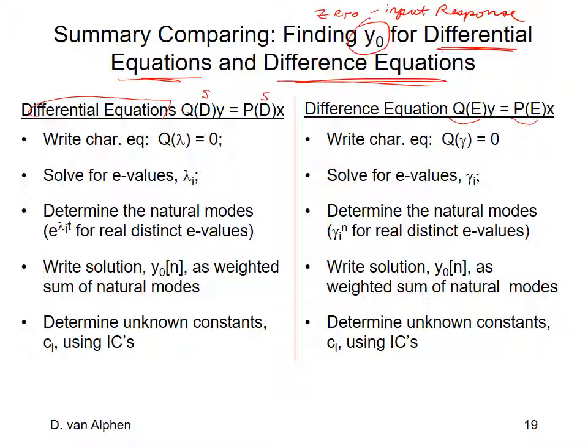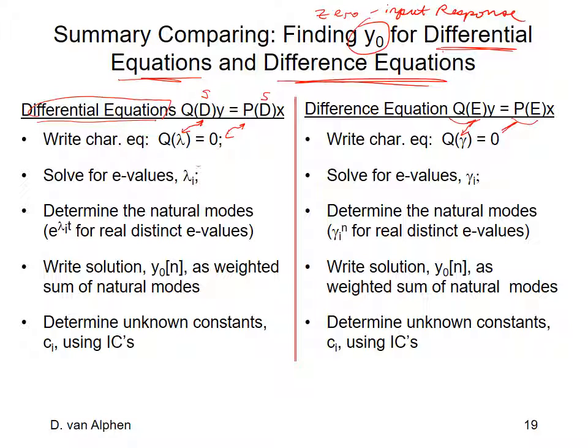On the left-hand side in 350 class, you wrote the characteristic equation Q of lambda is 0, where you just replace the D's or the S's by the lambdas, and you set the right-hand side equal to 0. Well, that's really what we do here too, except we're replacing the E's, the operator notation, by gammas, and again, setting the right-hand side to 0.